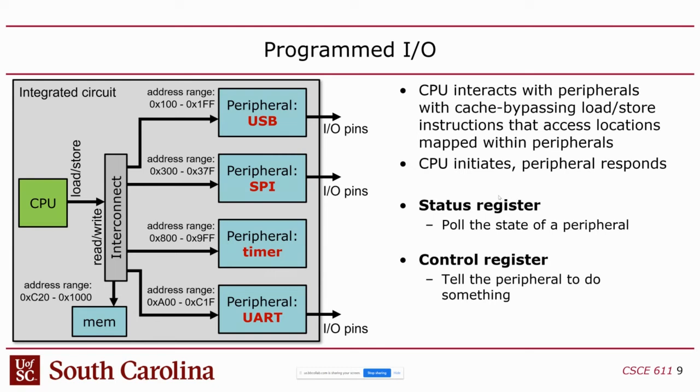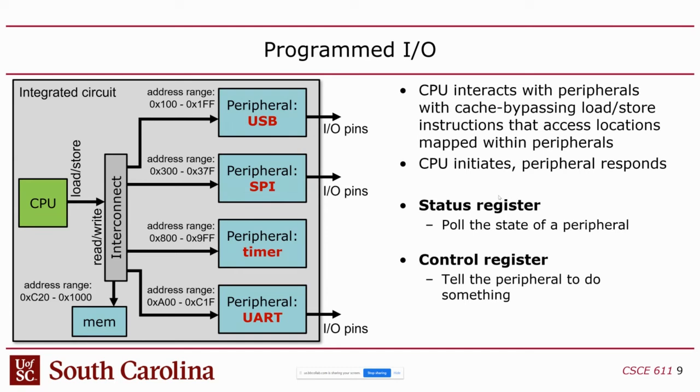And each addressable location within each of the ranges corresponds to what's called an I/O register. Sometimes they're called a status register or a control register. A status register is meant to be read by the CPU, and a control register is meant to be written by the CPU.